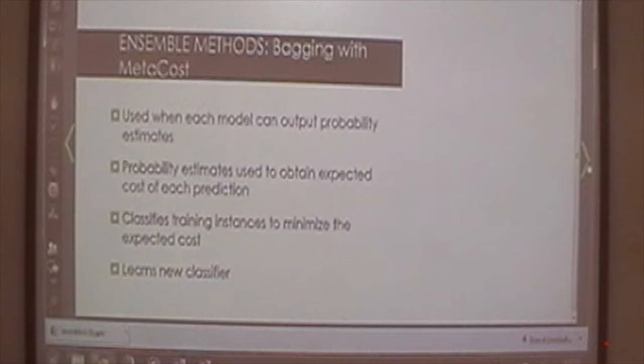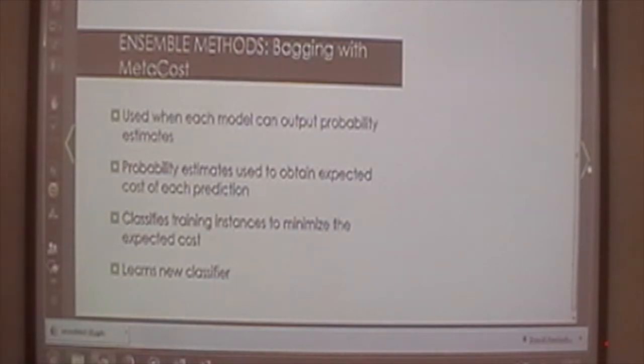So we get another subclass of bagging called bagging with metacost. And this is used when each of your models can output probability estimates versus simple classification, like face versus non-face. It could say, I think that there's a 0.8 probability that it's a face. So you're getting some additional information here.